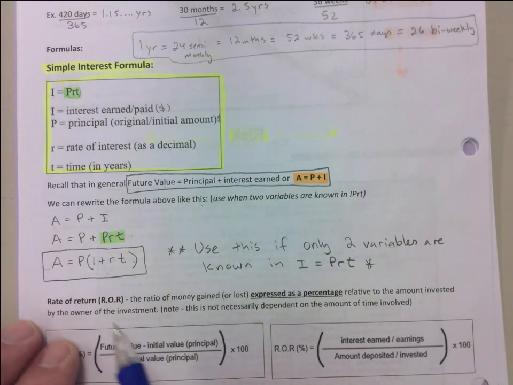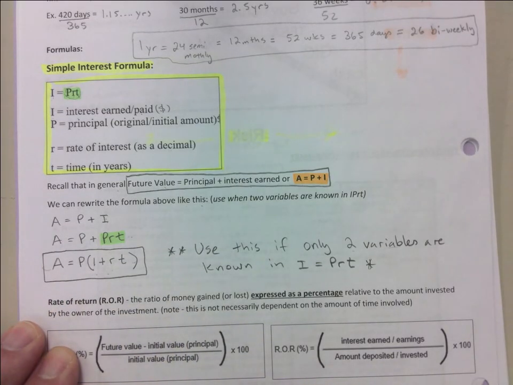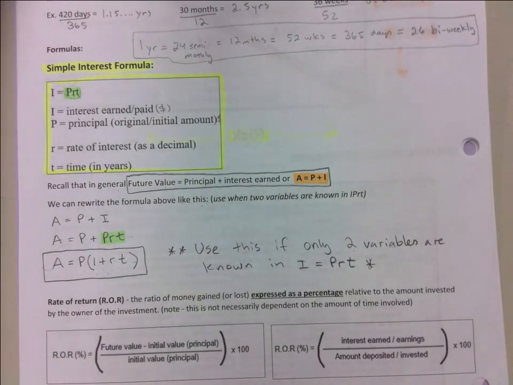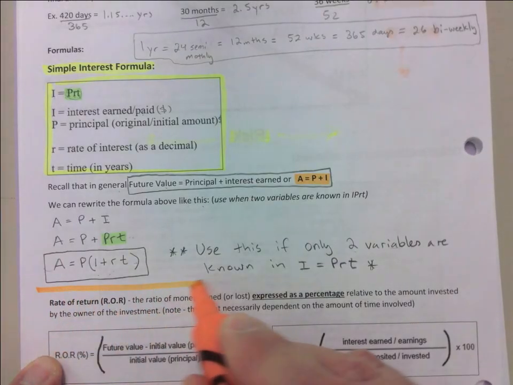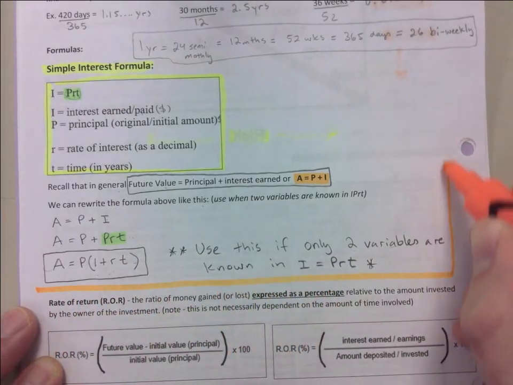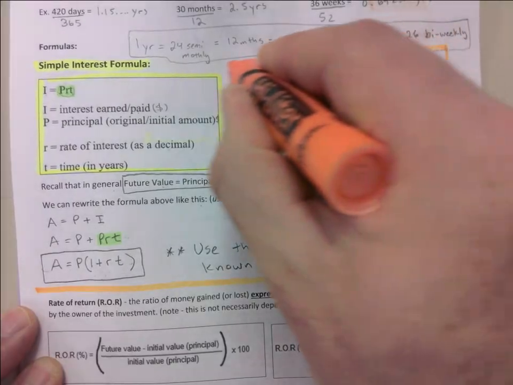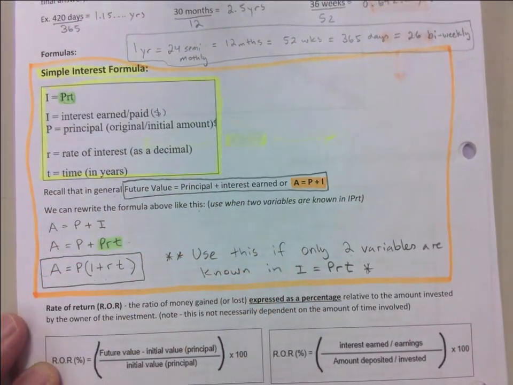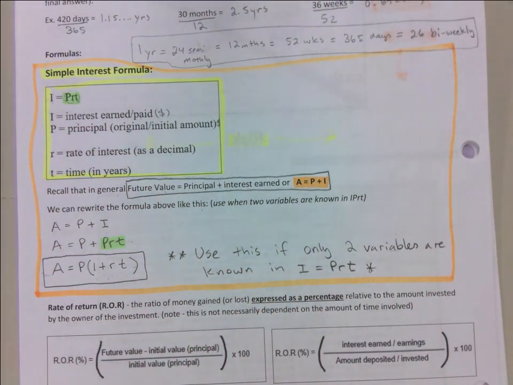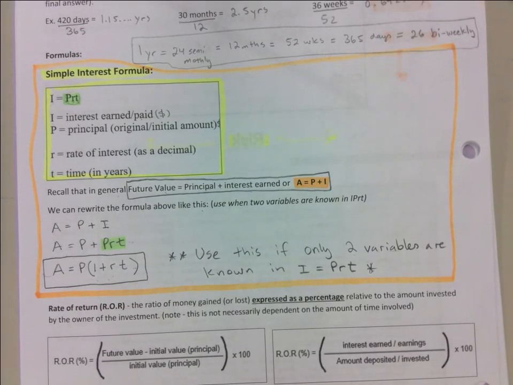But make sure that under simple interest, how can I make this all one big box here? You're going to have to summarize it, right? But under simple interest, you should have, that is like your simple interest go-to section right here.